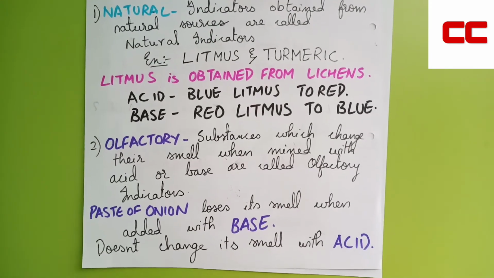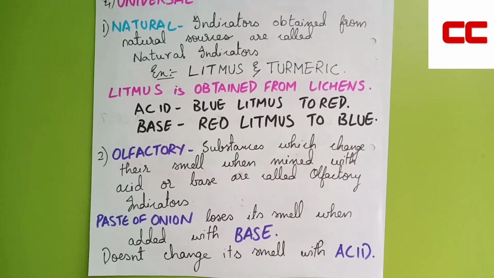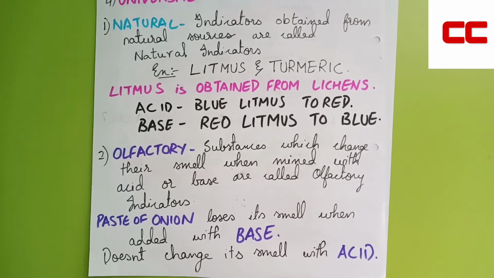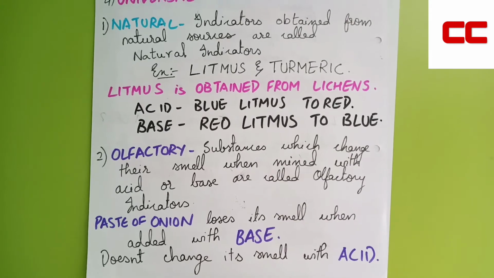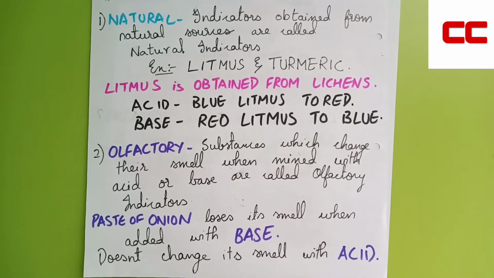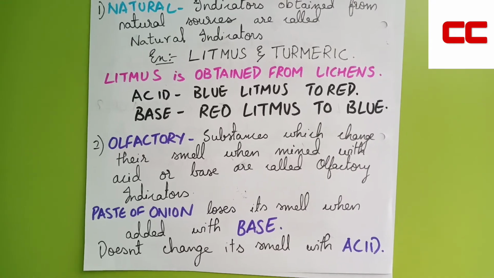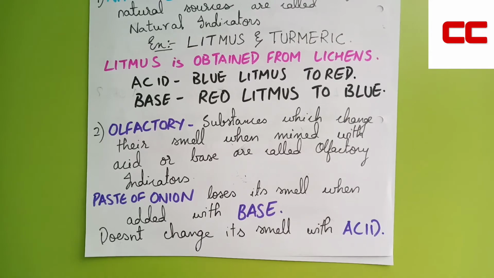And coming to olfactory indicators, substances which change their smell when mixed with acid or base are called olfactory indicators. That means if you add this substance to an acid or a base, the smell changes. For example, paste of onion loses its smell when added to a base.